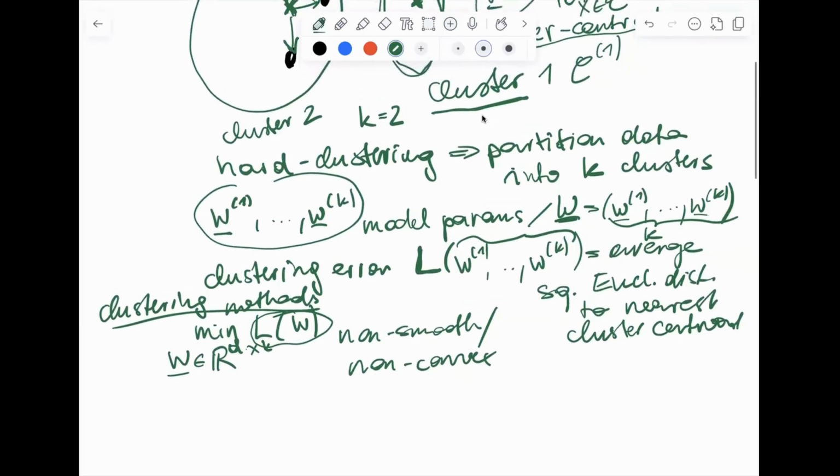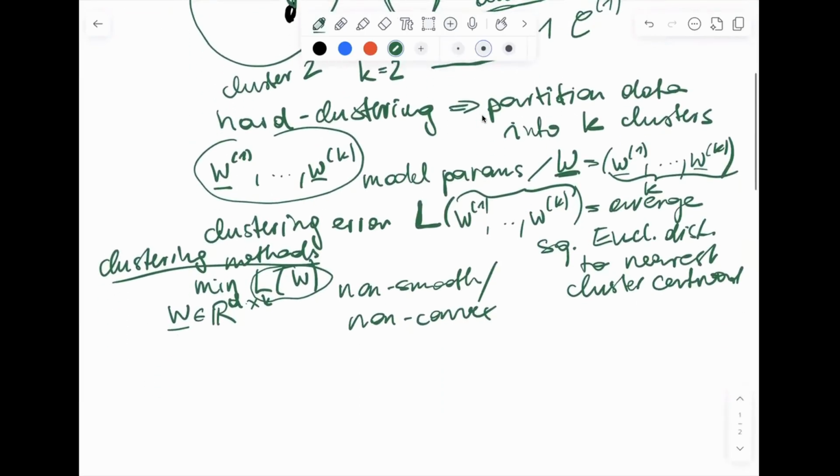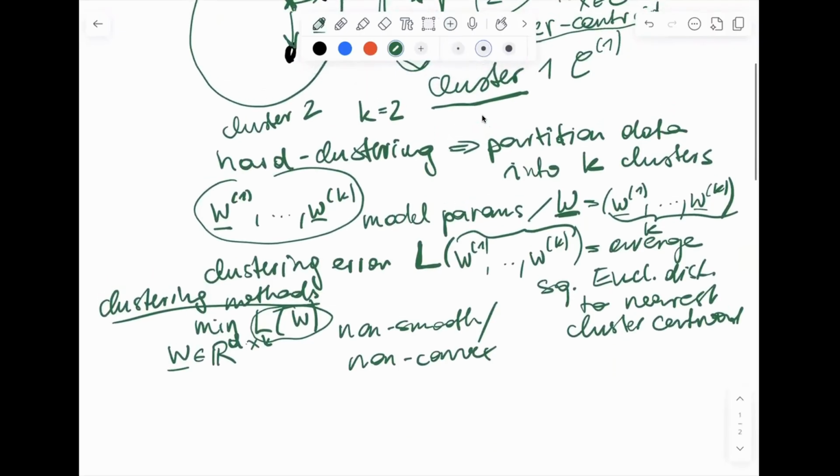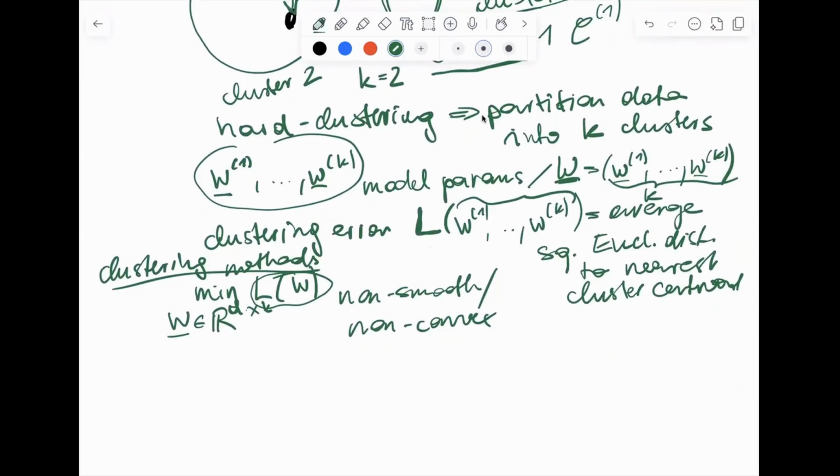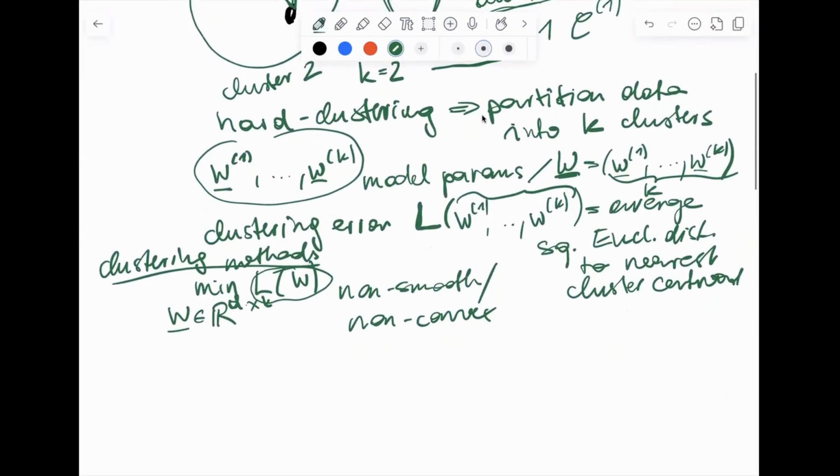So we use another method for minimizing this clustering error. Does anyone know a widely used algorithm for solving this optimization problem? So this is in general NP hard, if you want to be a bit more fancy in the characterization of the difficulty, NP hard for those who like complexity theory.